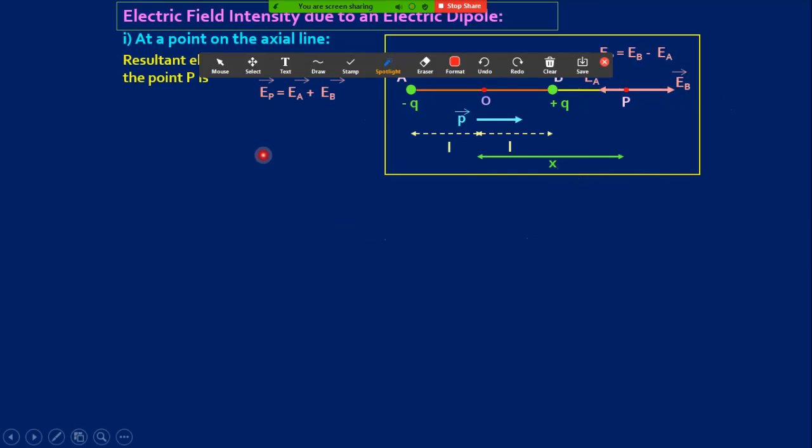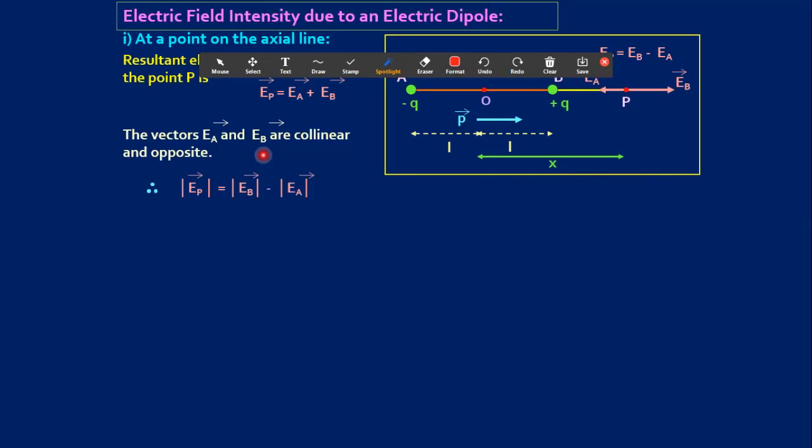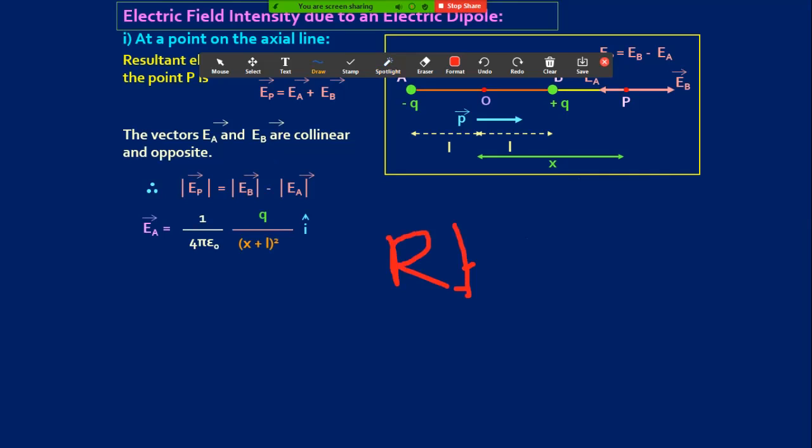And you know very well that the resultant electric field EP is equal to EA plus EB, and we have an equation for the resultant vector: R is equal to the root of P squared plus Q squared plus 2PQ cos alpha. Here it is the case of 180 degrees.